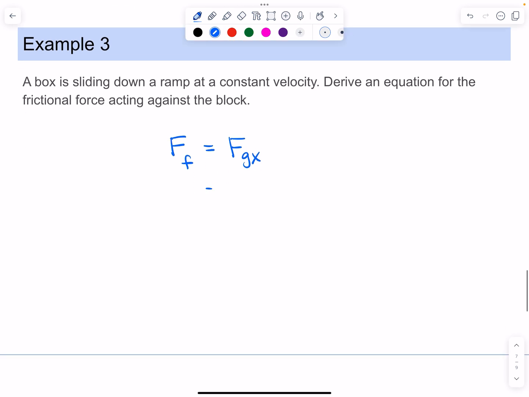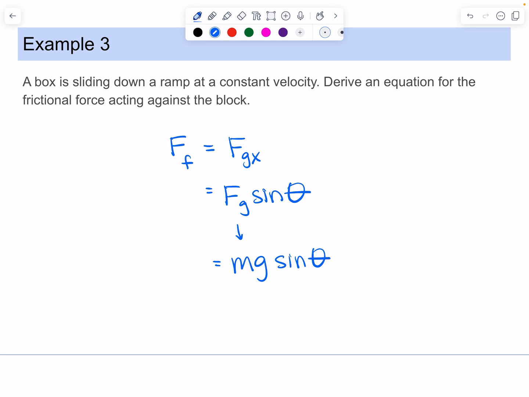I also know then that this would be equal to FG sine of the angle, and I can break this down into mass times gravity times sine of the angle. So if an object is sliding down at a constant velocity, force of friction would be equal to that.